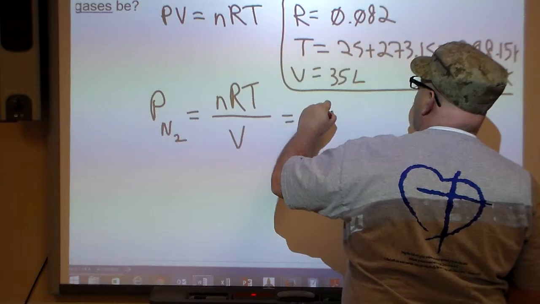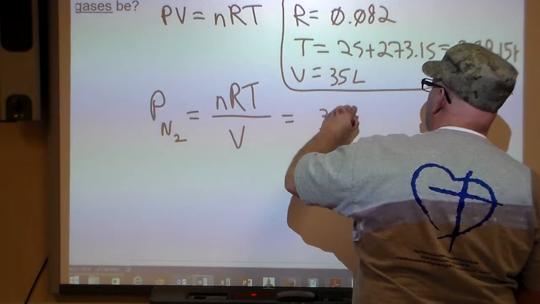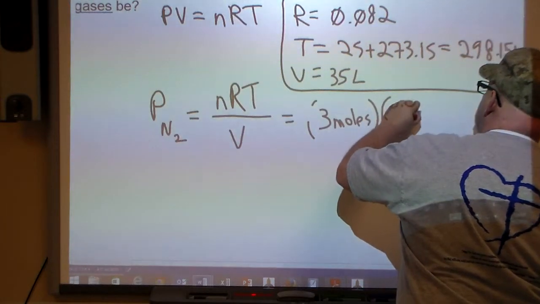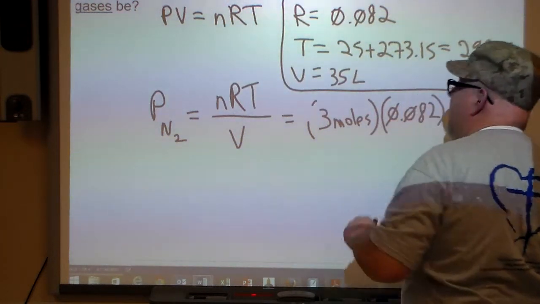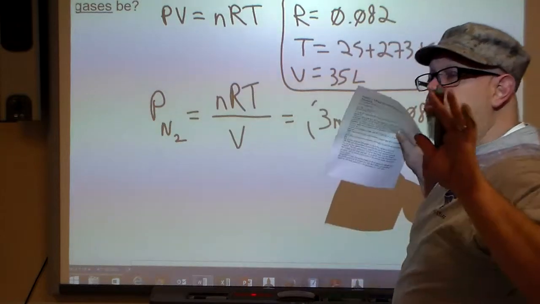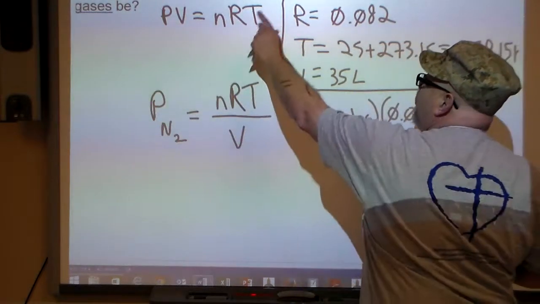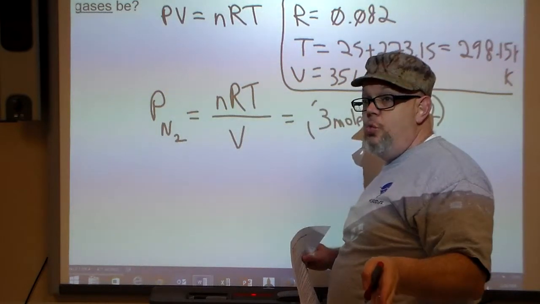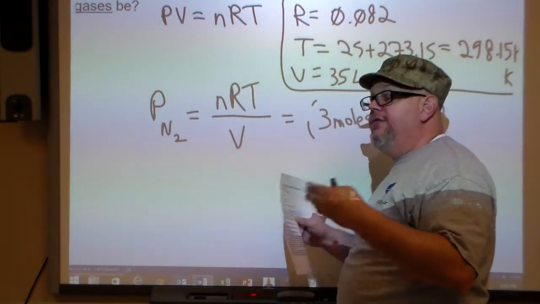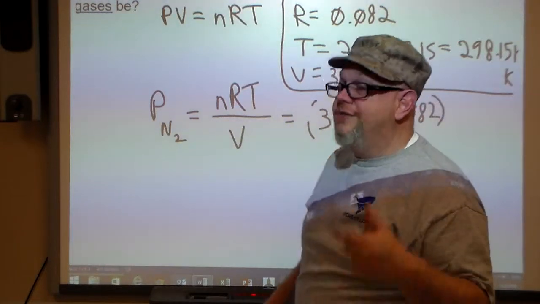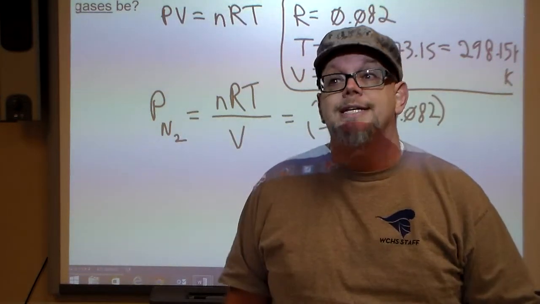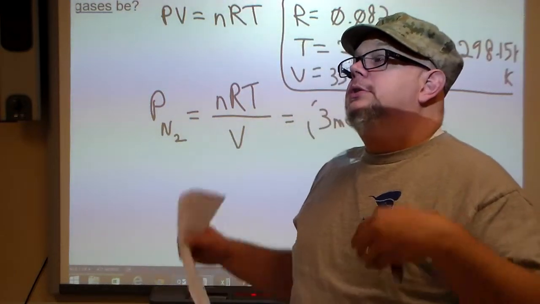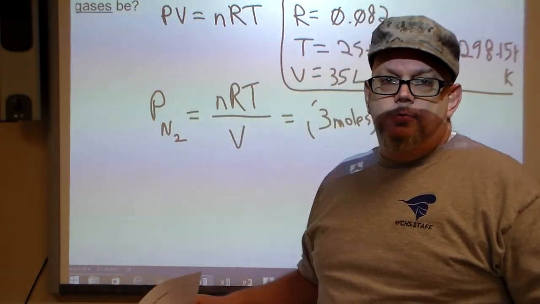So we know that we're going to have 3 moles, okay, multiplied by 0.082, because that's our constant R. Now that's really important that you use the correct R for the units that you guys are working with. Here's why. Because there are different units of pressure, different units of temperature, and that would be a big deal, because if you plug in the wrong R, you're not going to get an accurate answer.